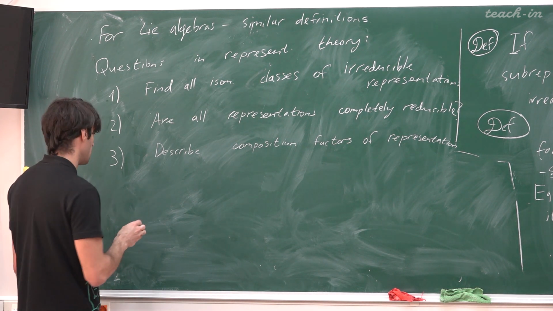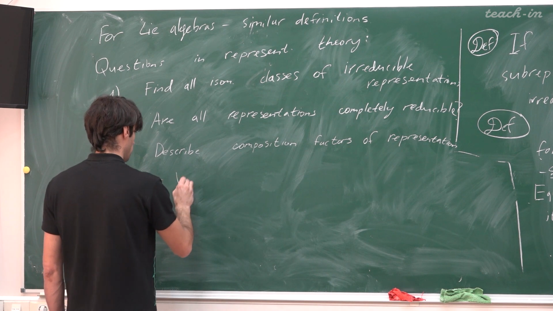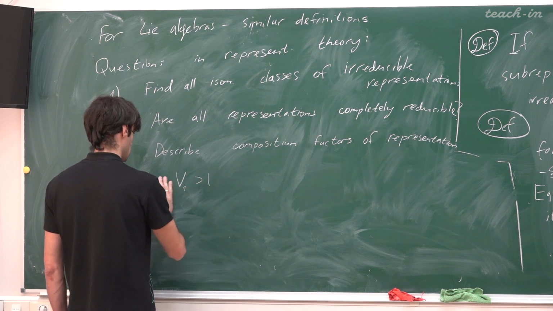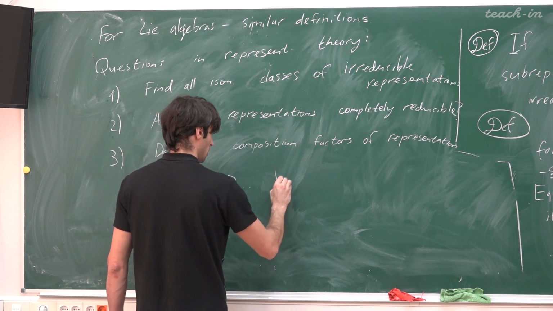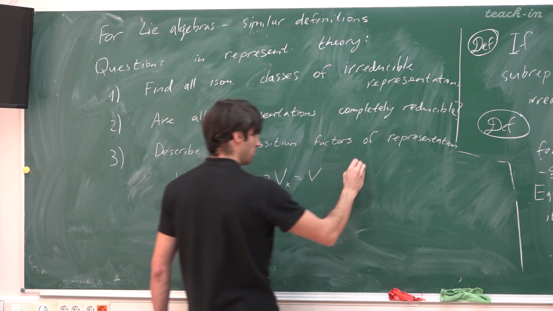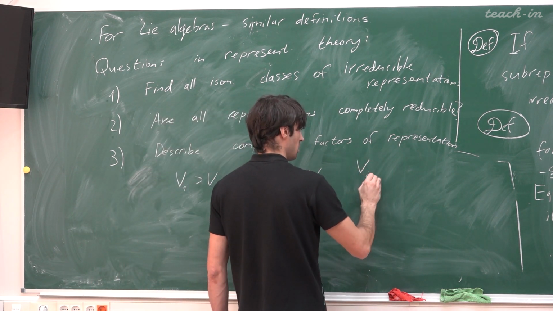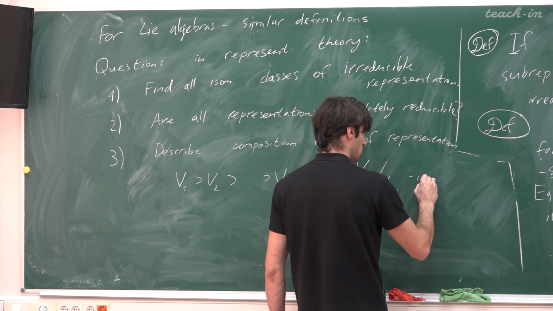For every finite dimensional representation, you can find a chain of subrepresentations V1, V2, up to Vk equal to V, such that Vi quotient by Vi minus 1 is irreducible.